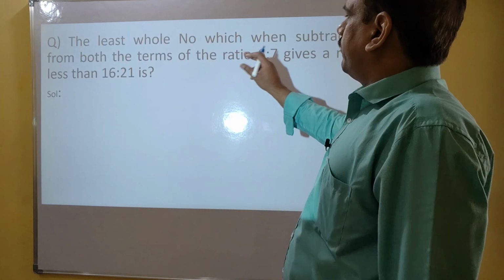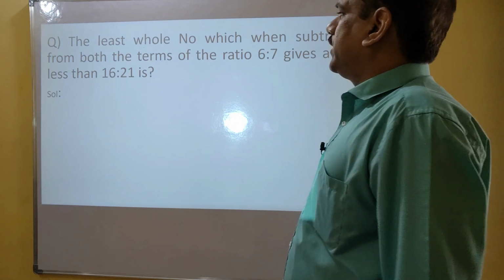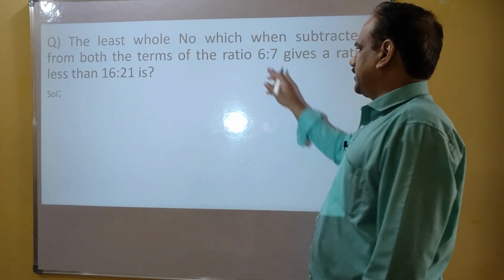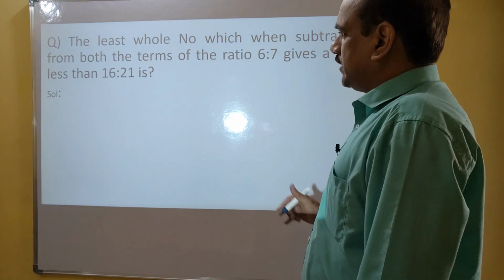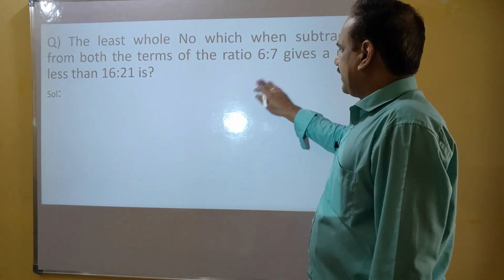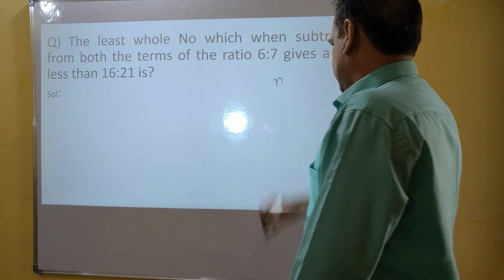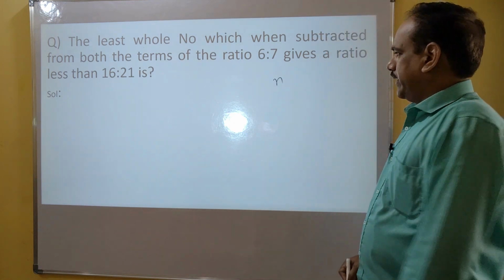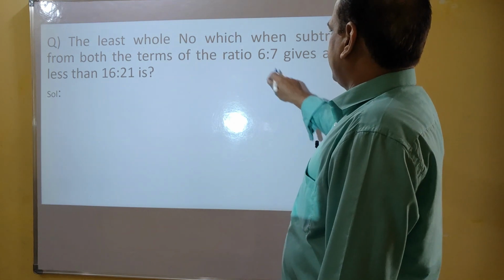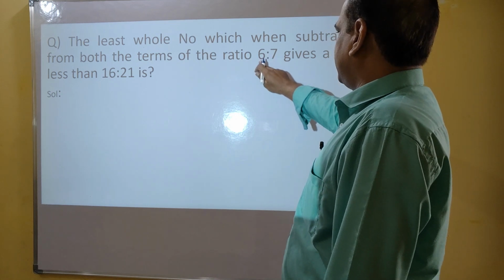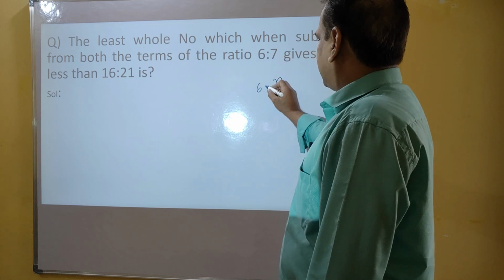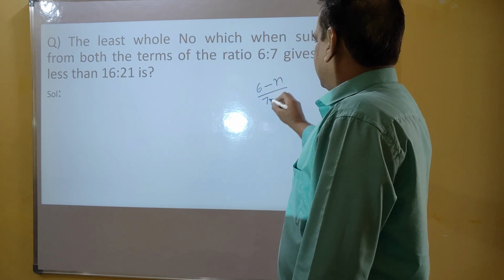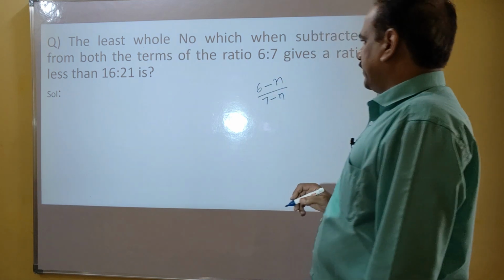The least whole number which when subtracted from both the terms of the ratio 6:7 gives a ratio less than 16:21. Let the whole number be n. This is to be subtracted from both the terms of this ratio 6:7. So terms are 6 and 7. 6 minus n, 7 minus n. Right?